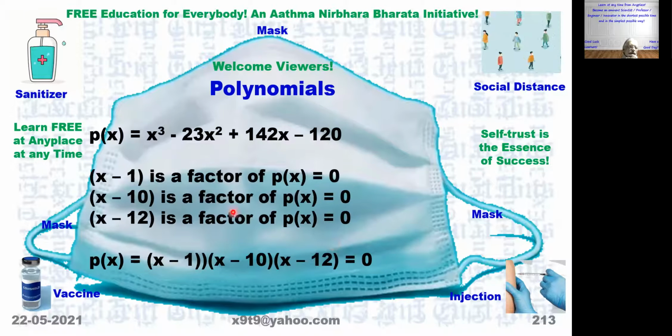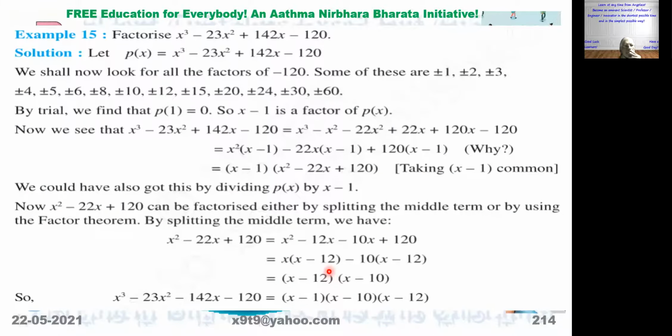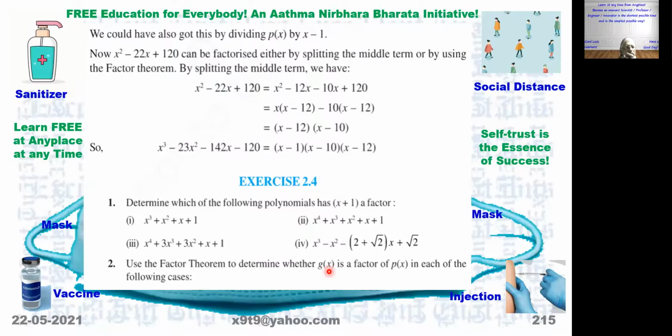So we found that x minus 1 is a factor, x minus 10 is a factor, x minus 12 is a factor. Therefore, we can write p(x) is equal to x minus 1 into x minus 10 into x minus 12. So that is what is done here.